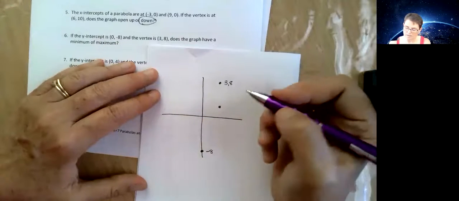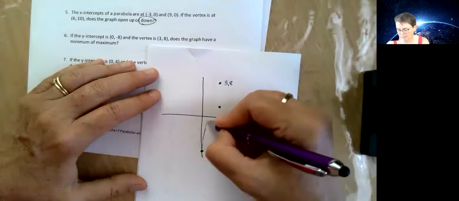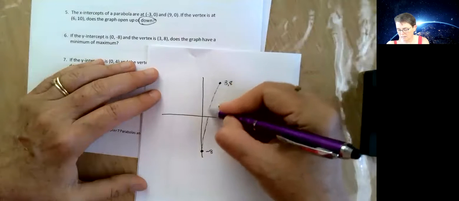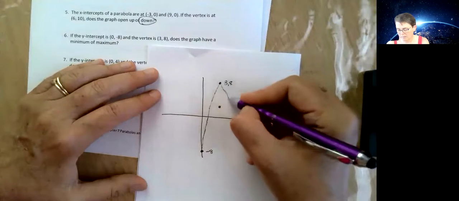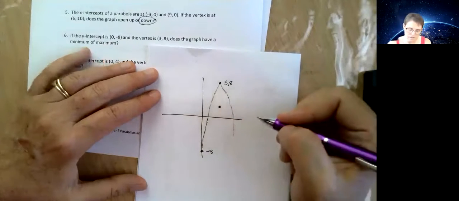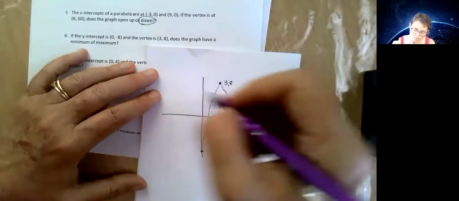Does the graph have a maximum? Well, if this is my y-intercept and then I'm heading towards my vertex, my graph has to look something like that. So that would be the maximum.